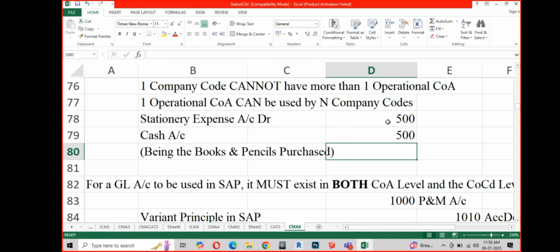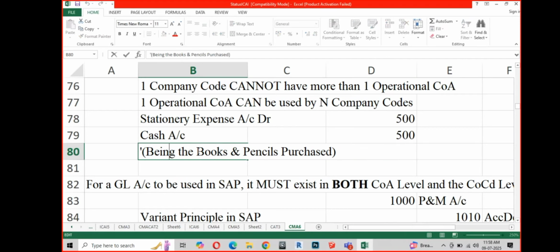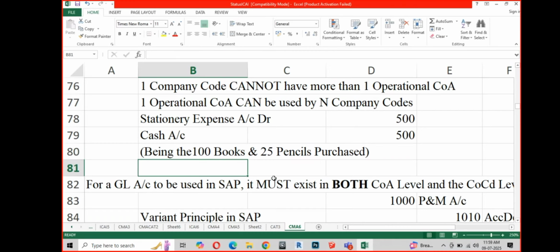So this 500 rupees I have expended on the books and pencils. I can also say, being the 100 books and 25 pencils purchased. So this is giving more and more information to the transaction. Do you agree with me?